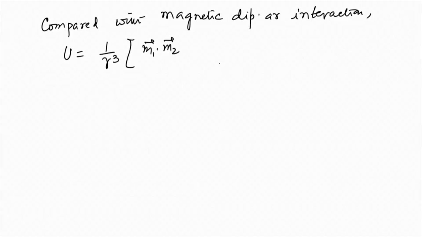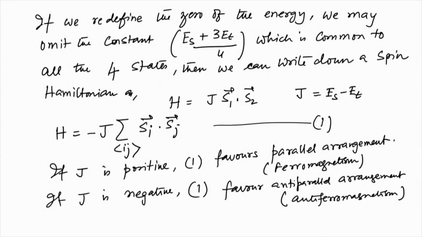So, these are the two magnetic moments, and you are familiar with this in the context of classical electromagnetic theory, where the relative distance between m1 and m2 is involved, but here we have a purely spin Hamiltonian, which neglects all spatial symmetries.